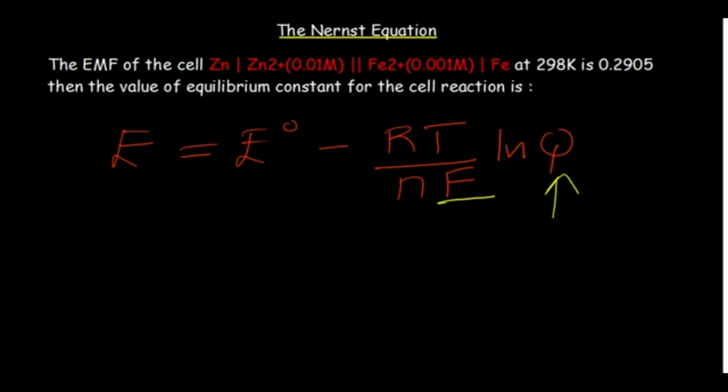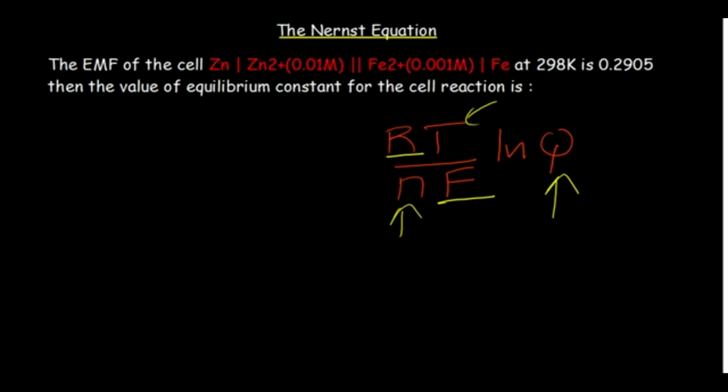The temperature is given. N is determined from the half reactions given. E is calculated from the reduction potentials, and also sometimes it's calculated using the non-standard cell potential if it is given. So these are the few things that you need to know with this equation.